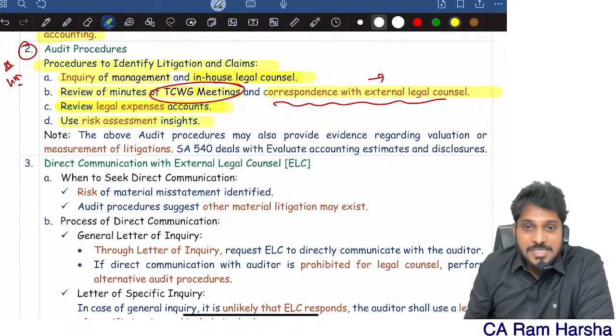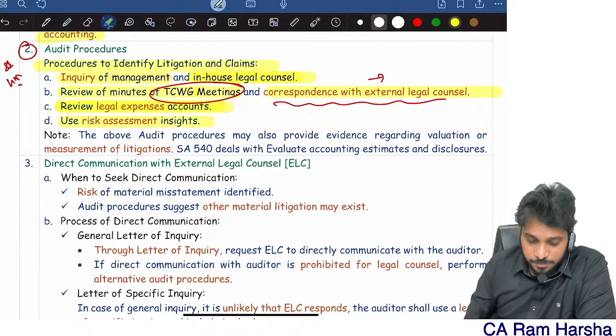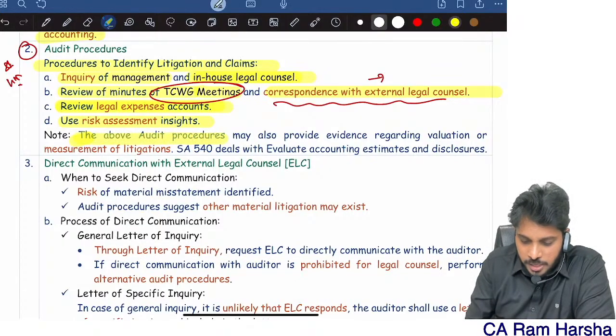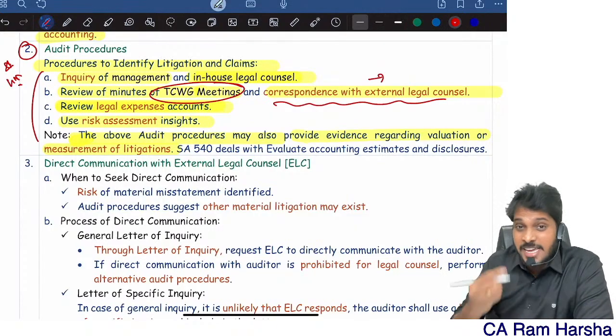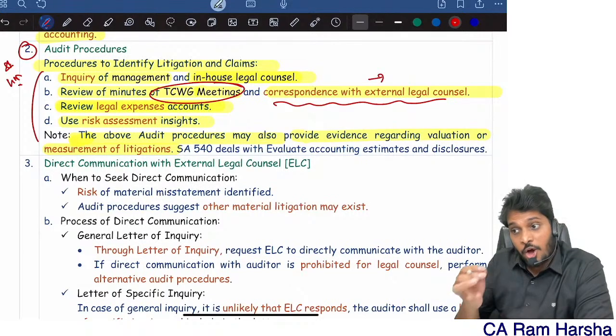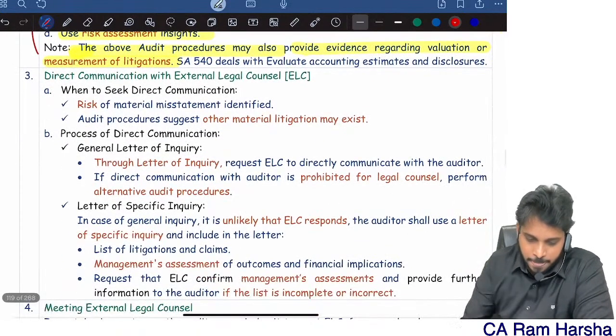Also use risk assessment insights. The company would have already performed risk assessment, right? So get those insights. These audit procedures may also provide evidence regarding valuation or measurement. When you're checking the existence of litigations, you may also get evidence regarding valuation. That's it. Next.